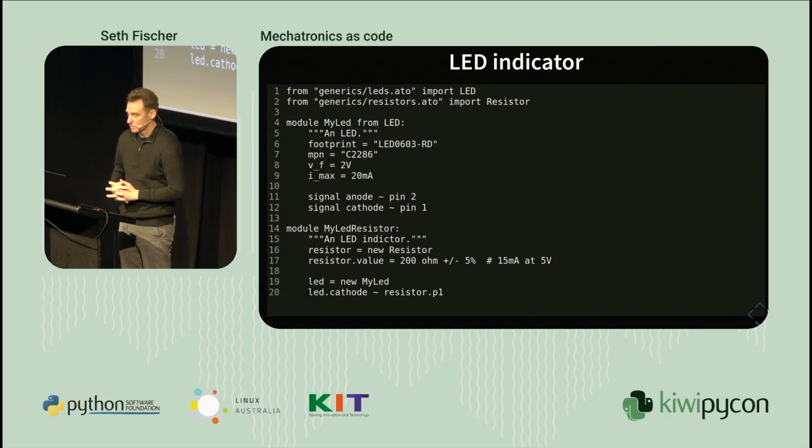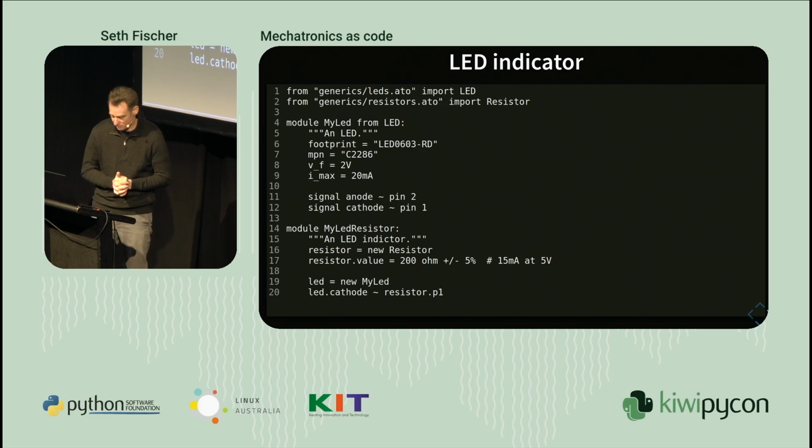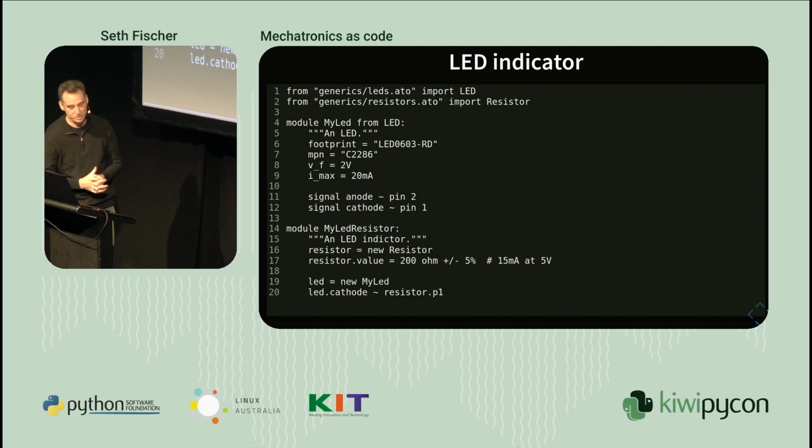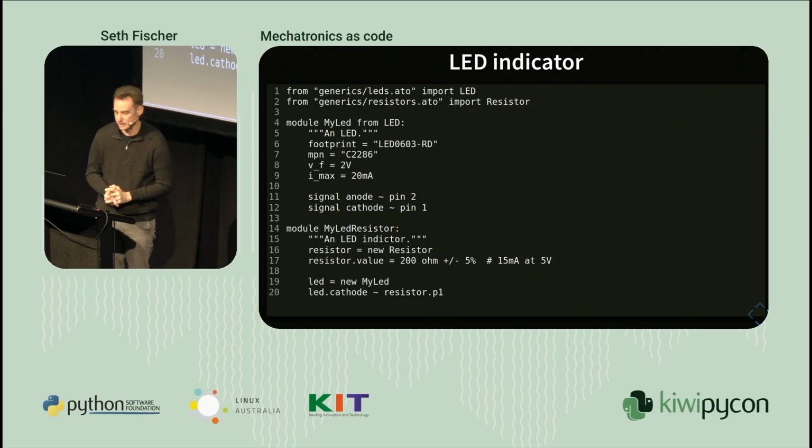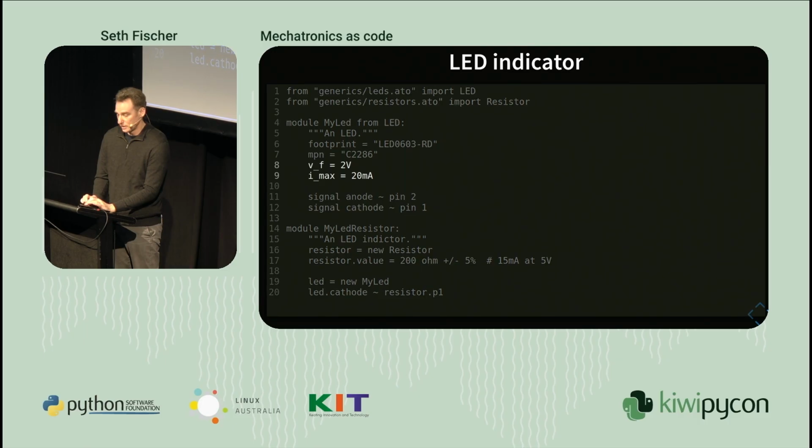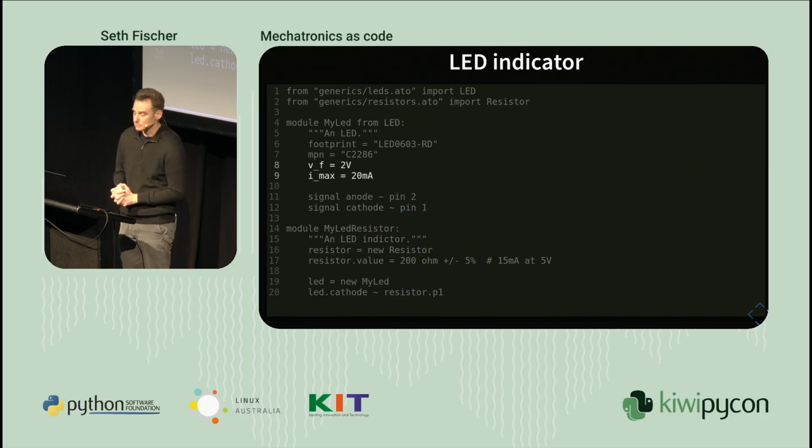Okay, so typically we'd want to make a more complex project. Just a resistor is not much use, so we're going to add an LED to make it an LED indicator. So we define our LED. Now, an LED has two important properties, a forward voltage and a maximum current.